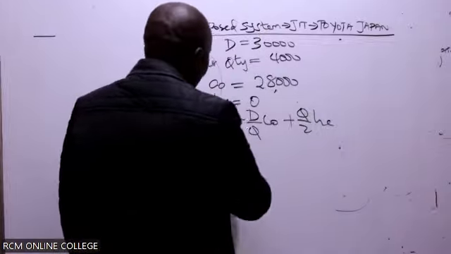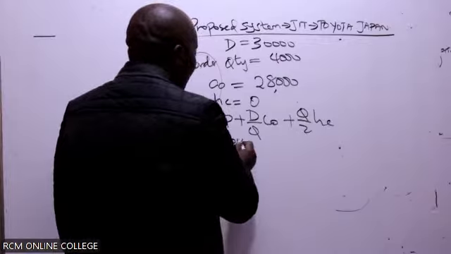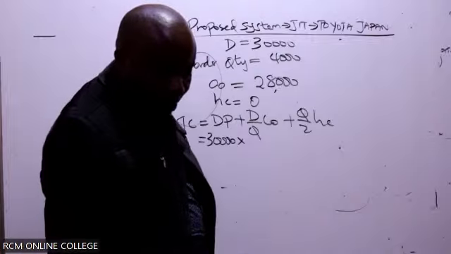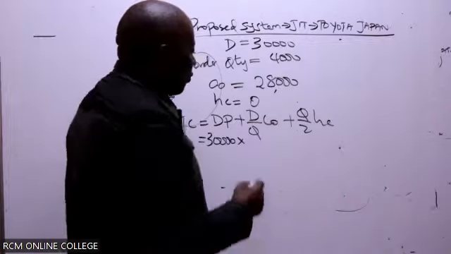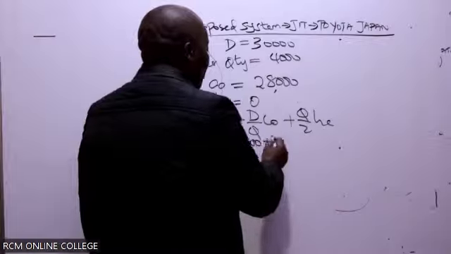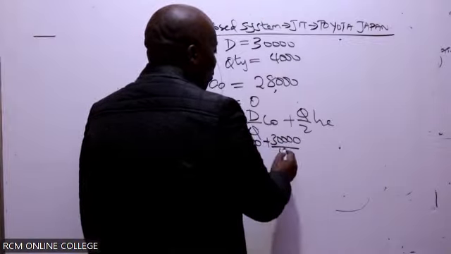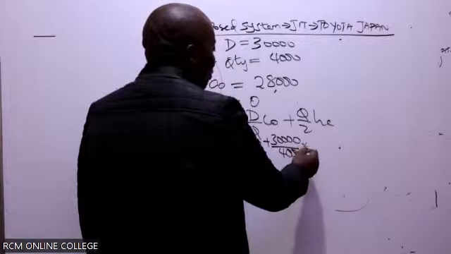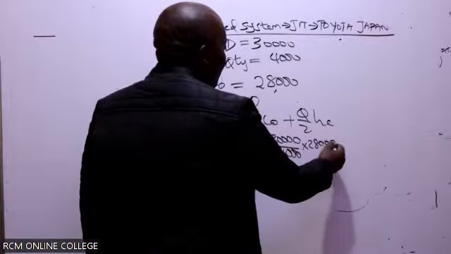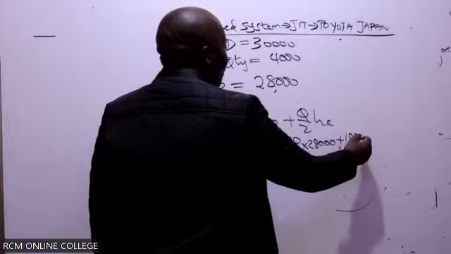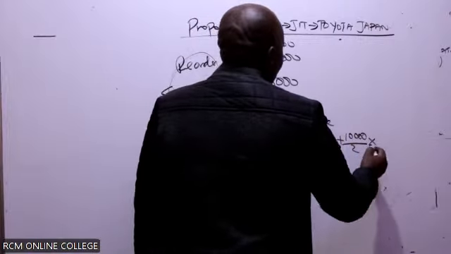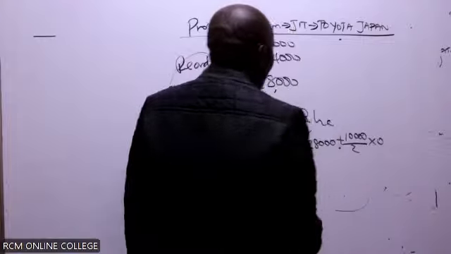Annual demand is 30,000, the purchase price will be 400. So annual demand 30,000, over Q, which is 4,000, times cost per order, which is 28,000, plus 10,000 over 2, times holding cost per unit, which is 0.